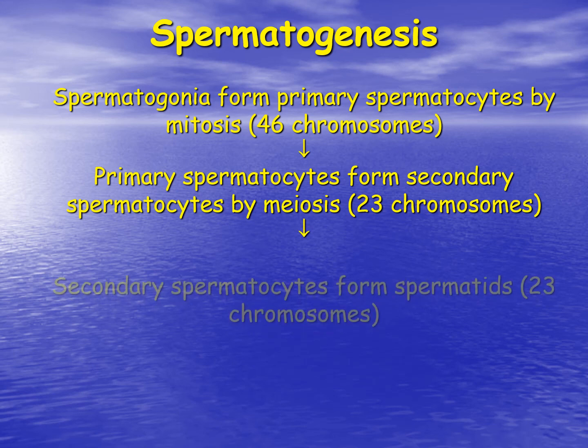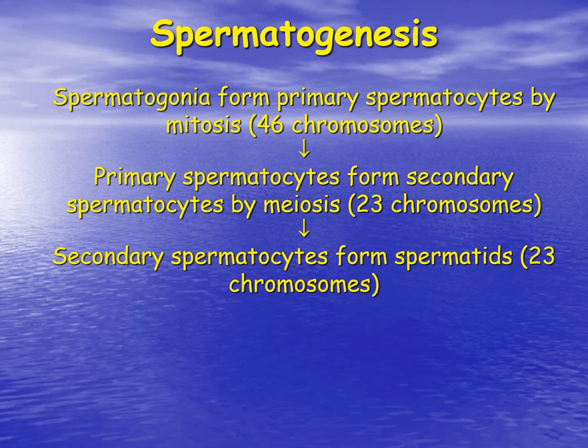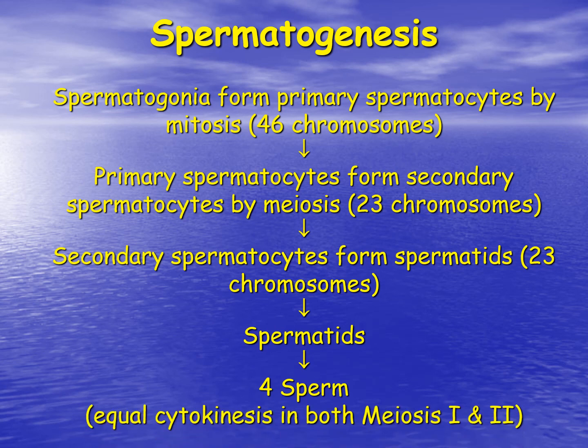The secondary spermatocytes will form spermatids through the second meiotic division, and each of these spermatids will now be a haploid cell containing 23 chromosomes. The spermatids then will develop into the 4 sperm. So from each spermatogonial cell, we will get 4 sperm. This is because we have equal cytokinesis in both meiosis I and meiosis II.